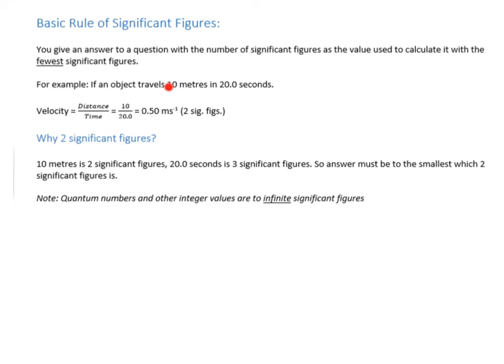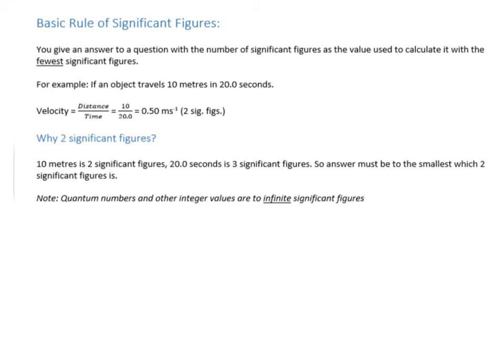We've got an object travelling 10 meters in 20.0 seconds. If you want to calculate the velocity, it's just distance divided by time, so it would be 10 divided by 20.0. That will give an answer of 0.50, which is 2 significant figures, because the first zero is not significant.